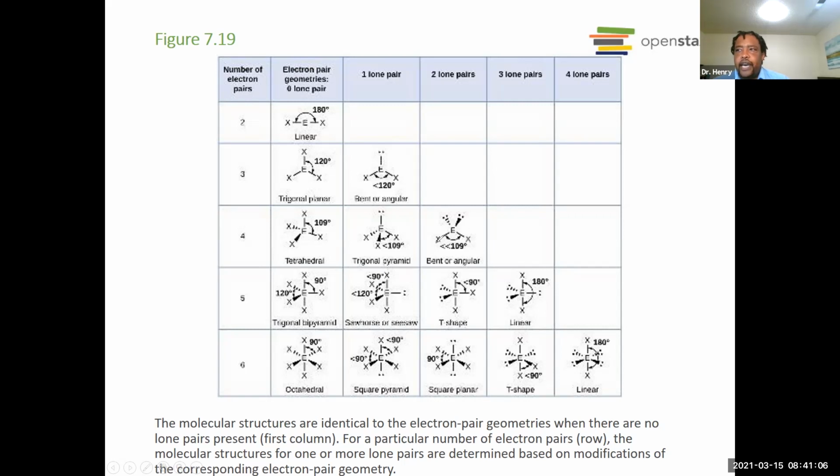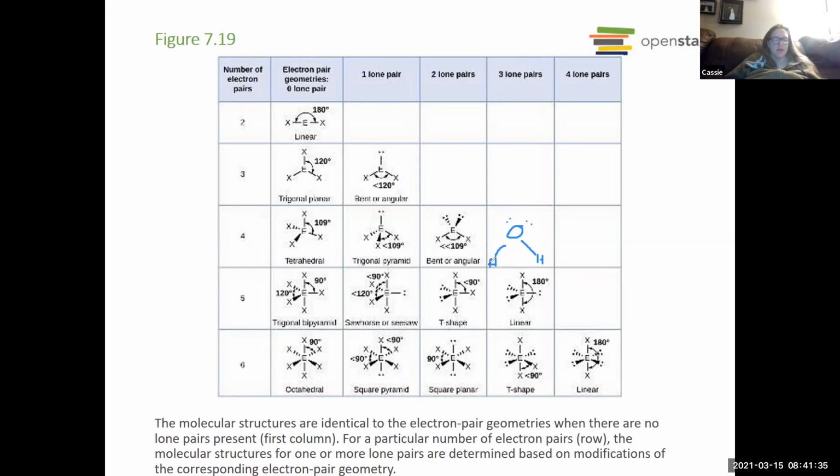And if we have two attachments and two lone pairs, kind of like water, that is going to be bent, or what we call angular. That's the reason why we draw water like bunny ears, or Mickey Mouse ears. Make sense?